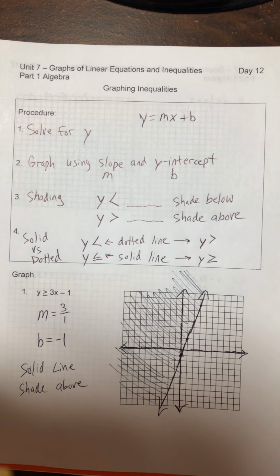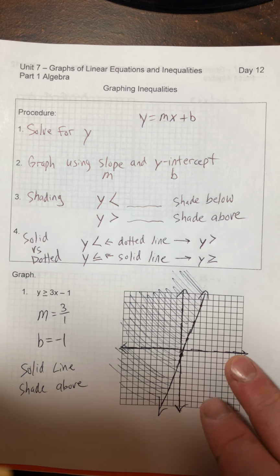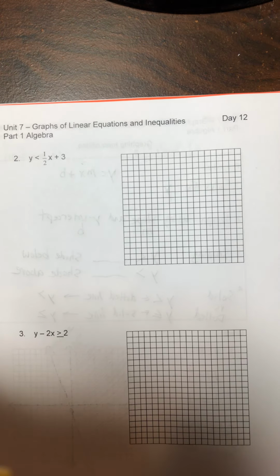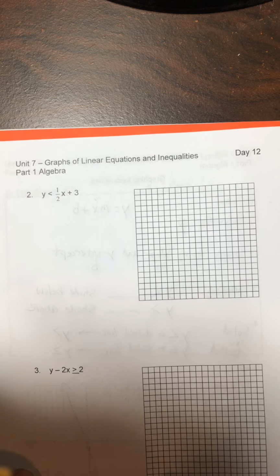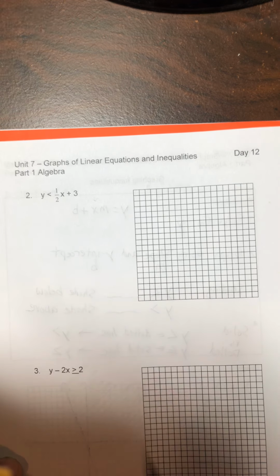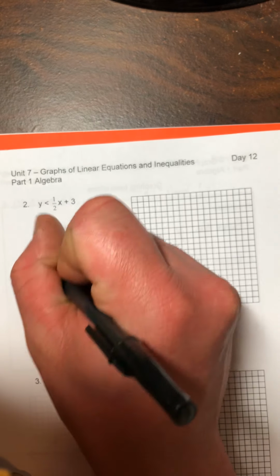Let's do another example on the next page. Let's try number 2. This one, y is less than 1/2 x plus 3. Again, y is already by itself, so you don't have to do any work there. Identify your slope and y-intercept.